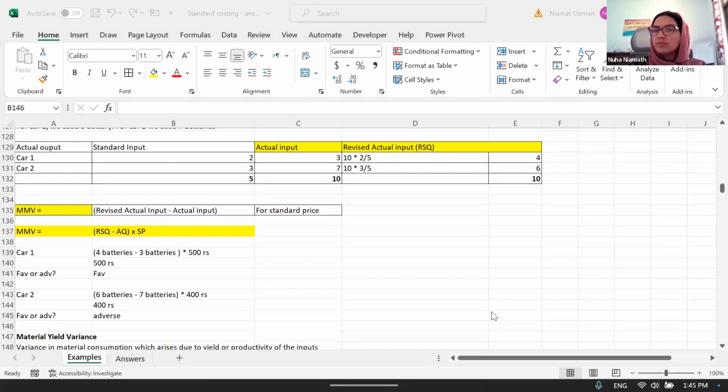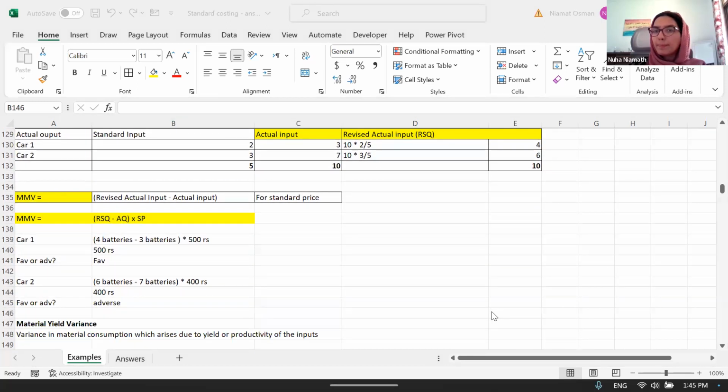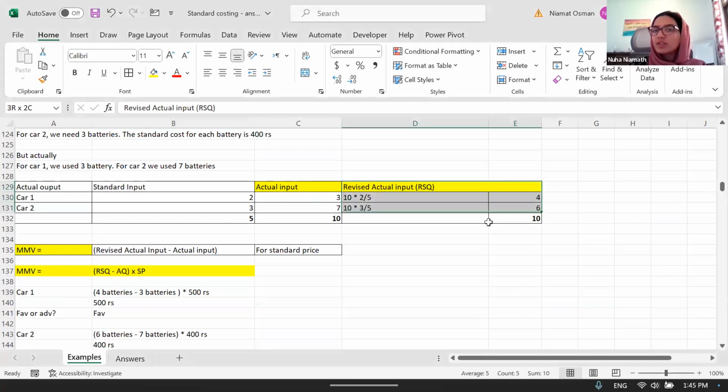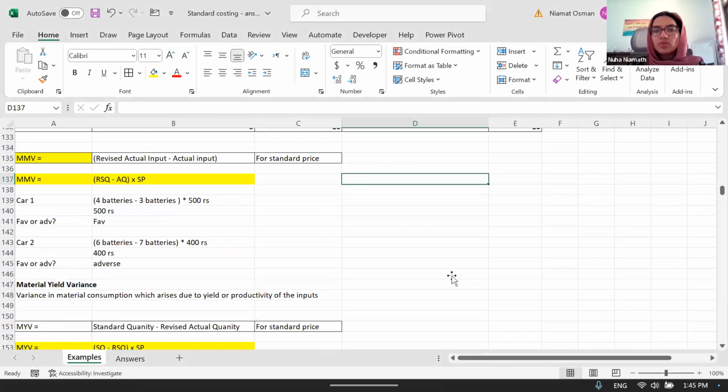Any confusion? Everybody clear on how to calculate the revised actual input? Clear. Okay. So shall I proceed with the next one now?